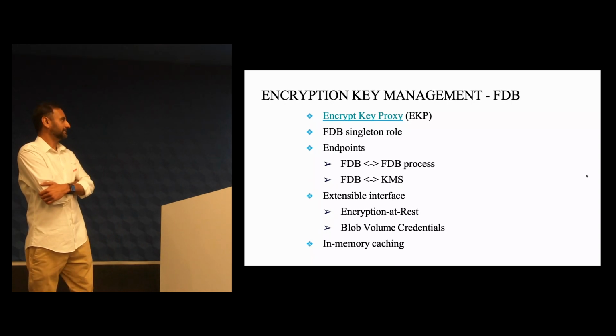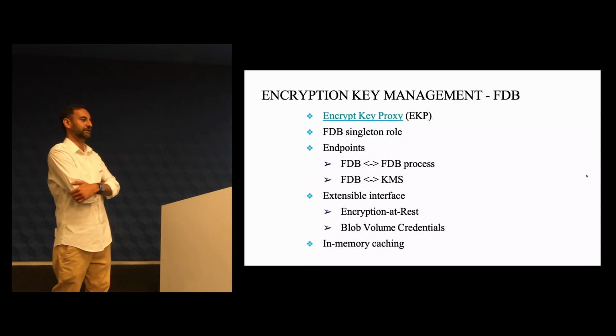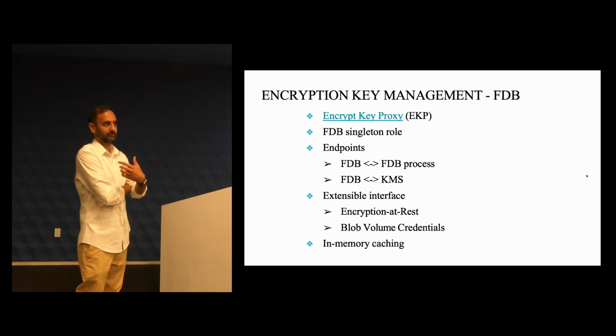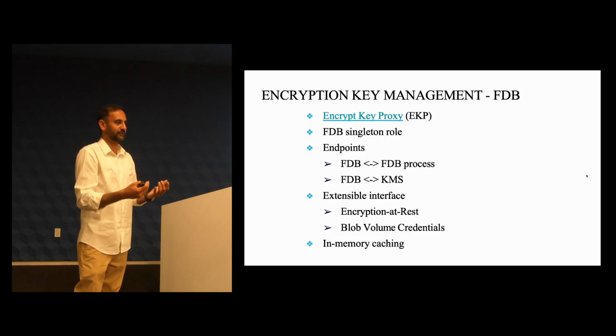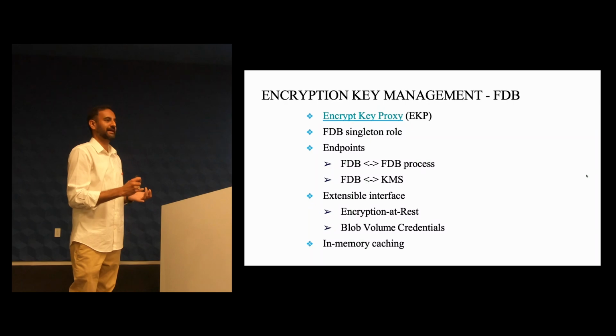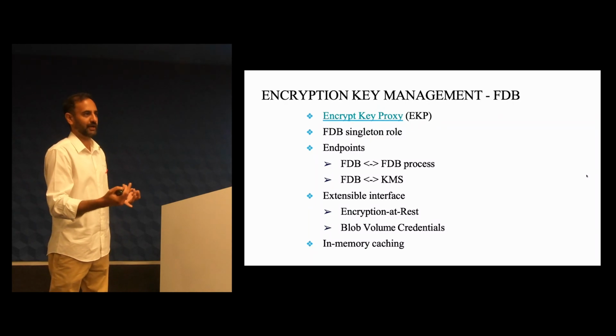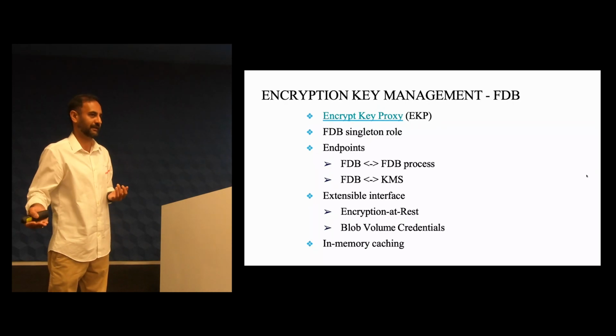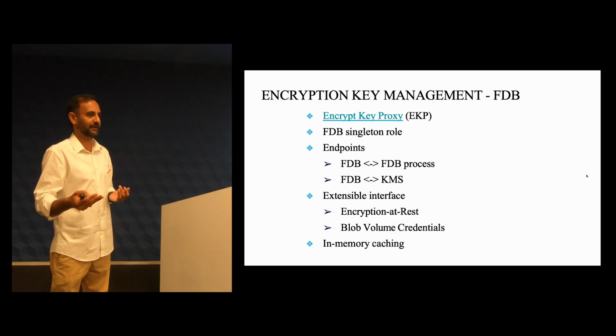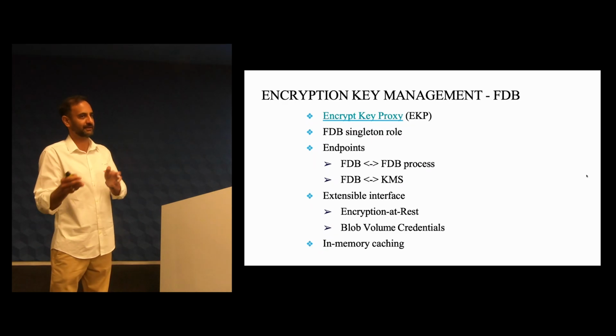Lastly, it implements in-memory caching. The caching is composed in a way wherein the cache cells have a time to live, so you can set how long a cell is valid. And the validity of a cell is different for writes versus reads.